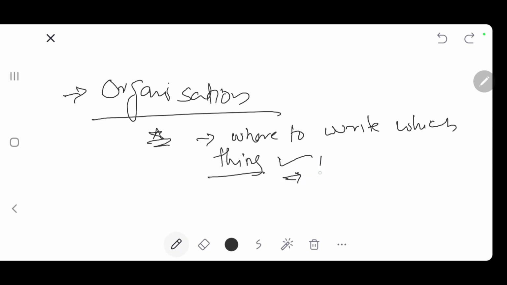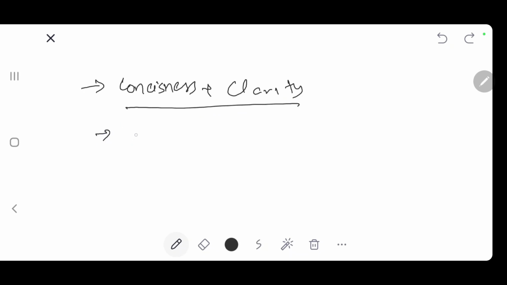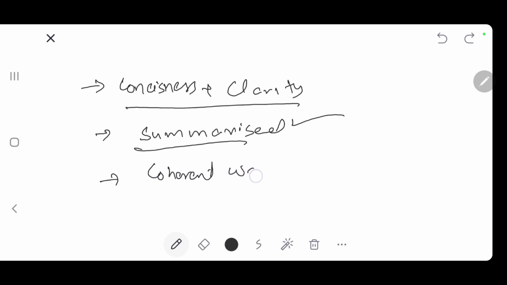According to the recipient and the issue, you have to see which information is written where. Then we have conciseness and clarity. In terms of conciseness and clarity, the less relevant details should be summarized. And clarity means that there must be coherence in your writing, right?